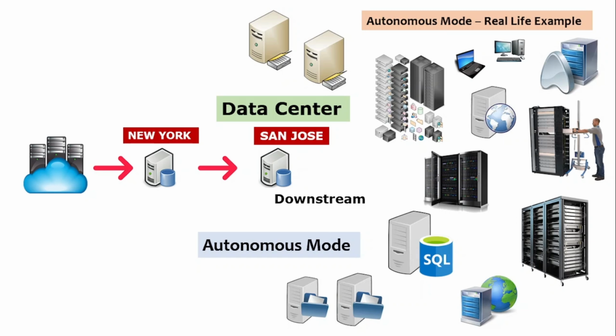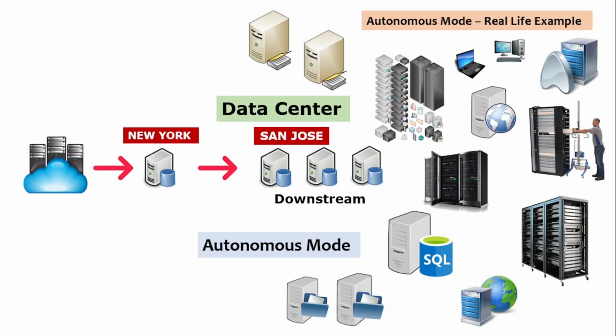We have to manage the San Jose WSUS server separately, so we can create a group exclusively for domain controllers, for database servers, for file servers, for web servers, so on and so forth. And we need to log on to the server and manage the updates over there. And it's not the case that you just configure one server over there. We can have multiple autonomous servers.